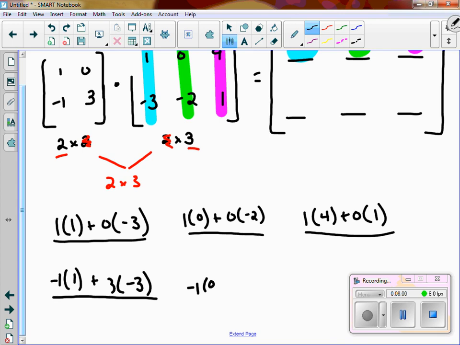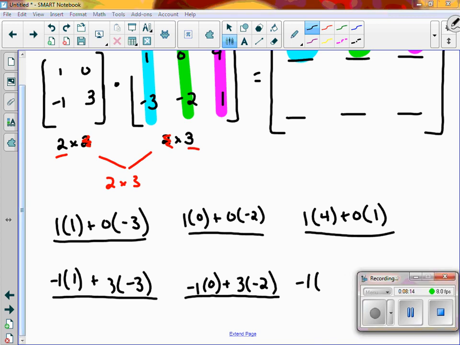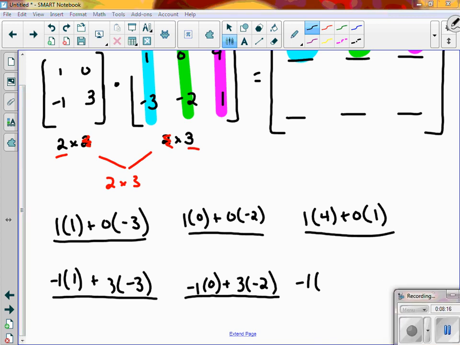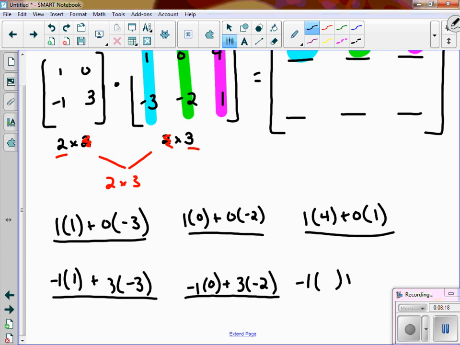Negative 1 times 0 plus 3 times negative 2. By this point, I've set up the pattern. I don't even need to look at my matrices anymore because I already know what the outside number is going to be. The outside number is going to be the negative 1 and that 3. And I just need to transfer down my parentheses.